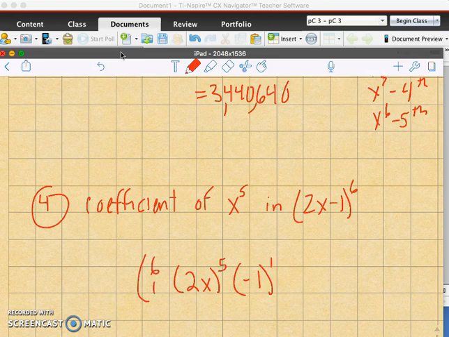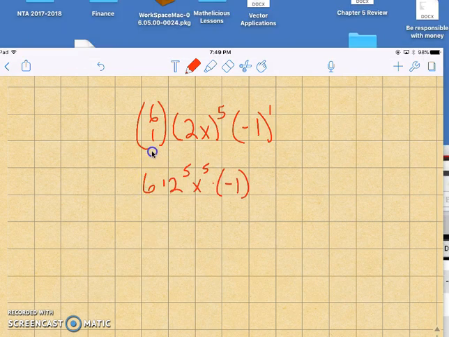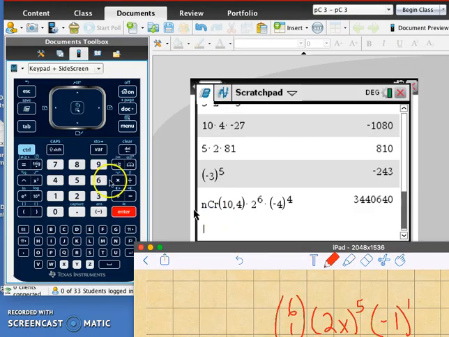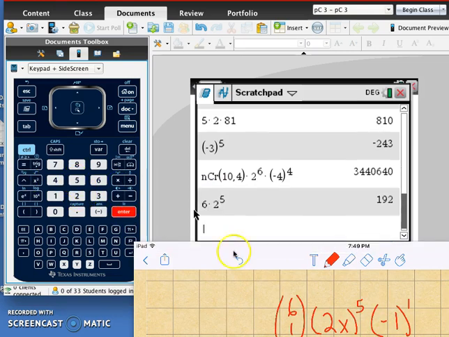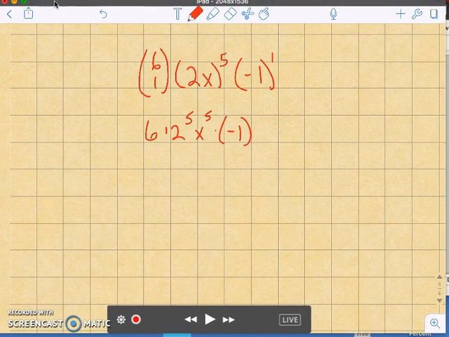So it's going to be 6c1. 6c1 is just 6, 2 to the 5th, x to the 5th, times negative 1. So what is 6 times 2 to the power of 5? It would be negative 192. And there's our coefficient.